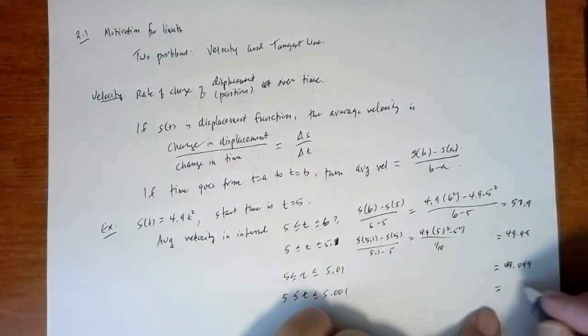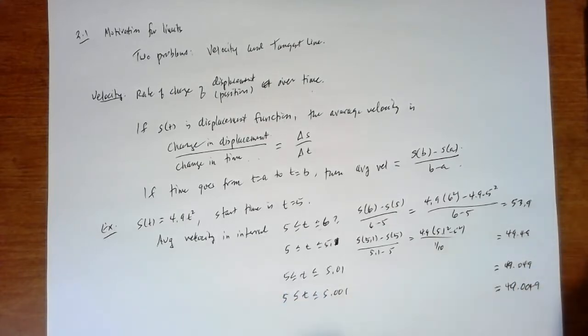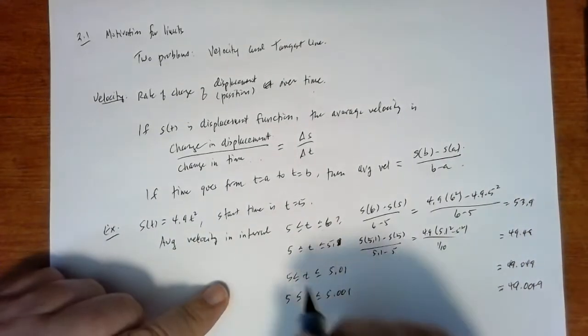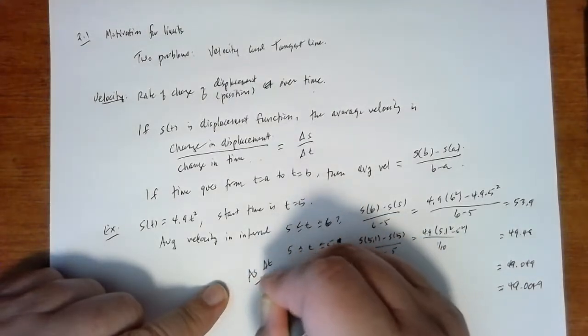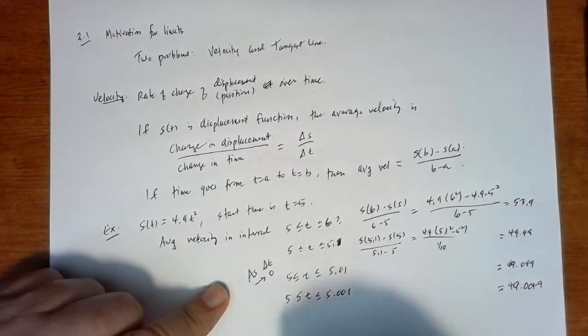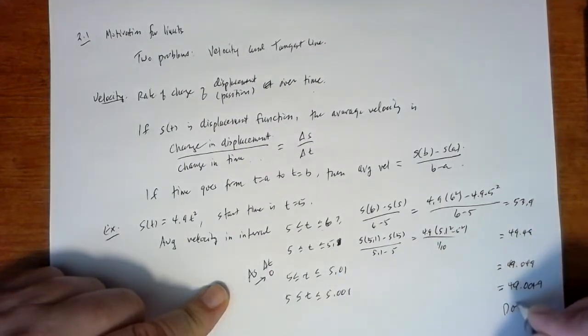The average velocity becomes 49.0049. And so now we can ask, as delta t goes to 0, does delta s over delta t go to a number?